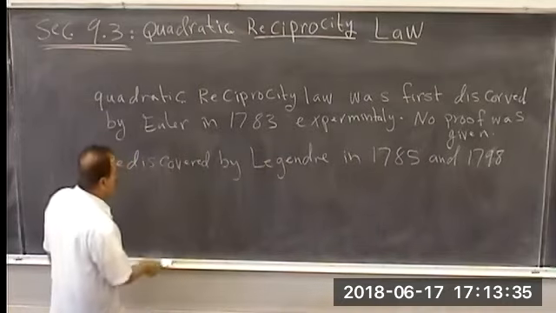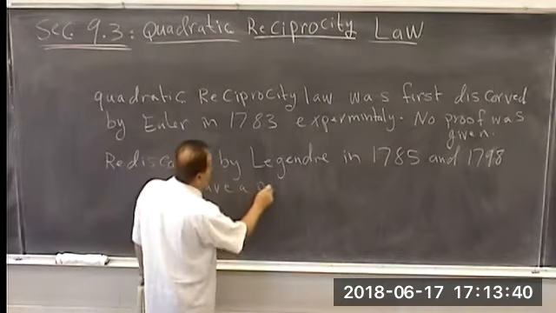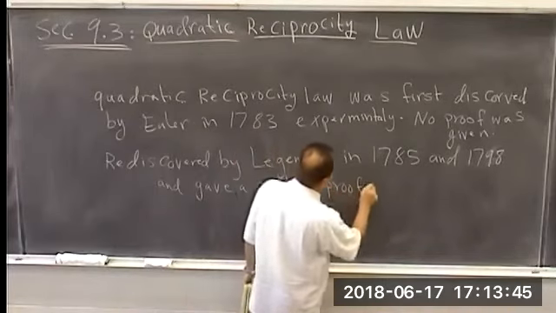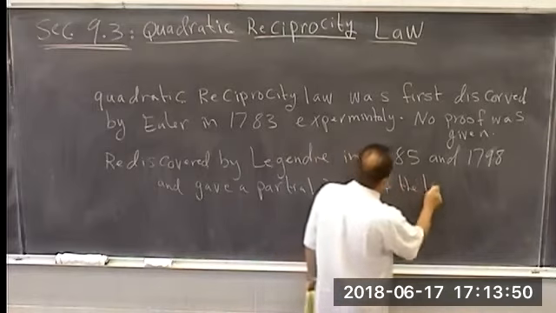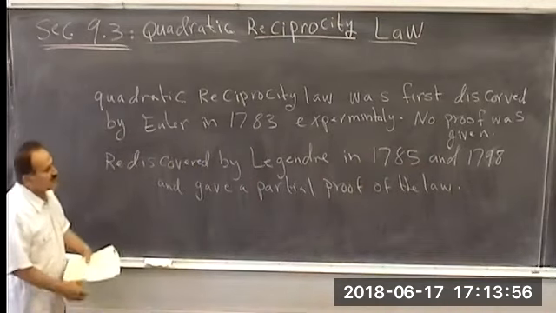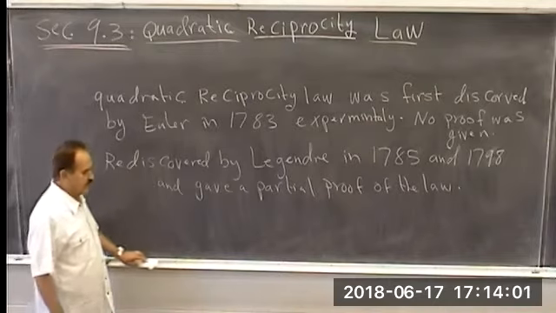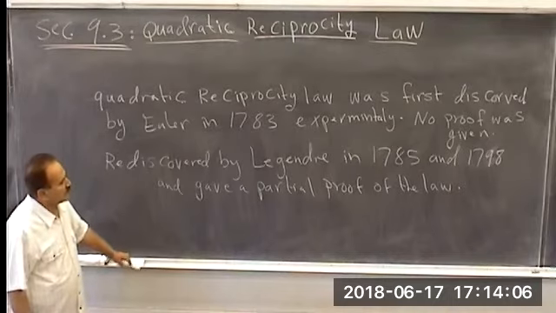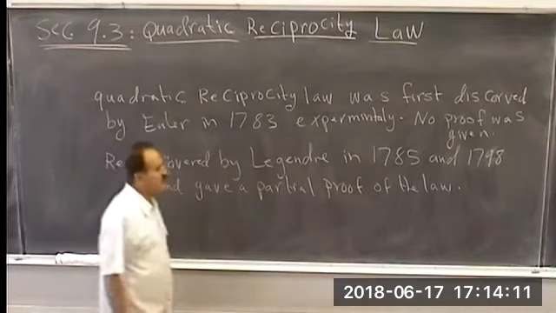And he gave a partial proof for it. And in fact, he stated the quadratic reciprocity law in the form that we're going to state it in the next step, using his symbol, the Legendre symbol. But the proof, unfortunately, does have some gaps, and it uses some results which were not proved.